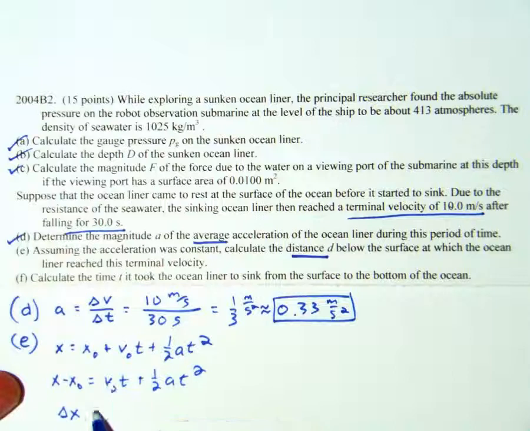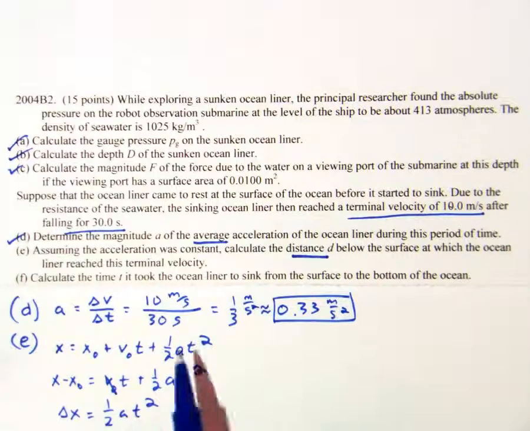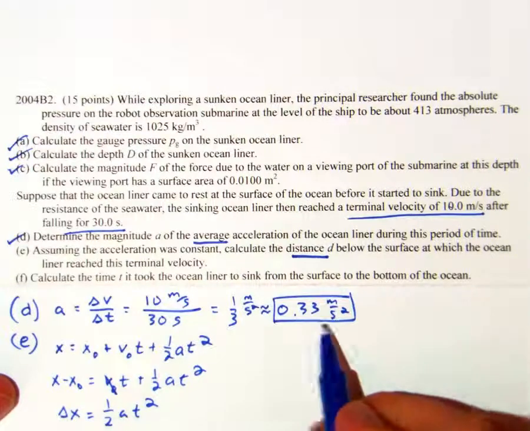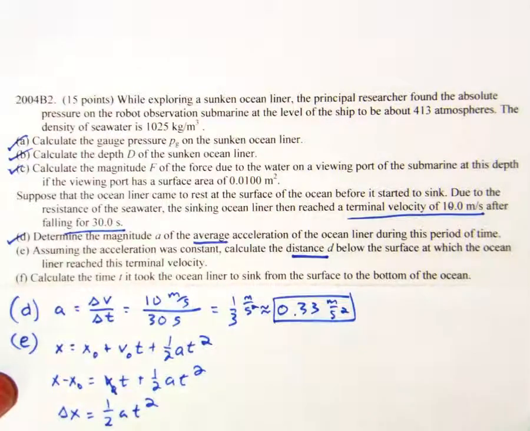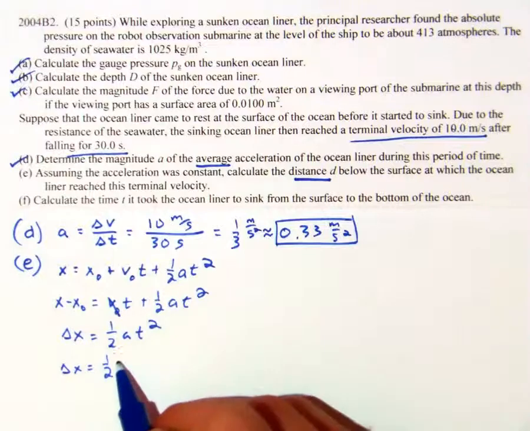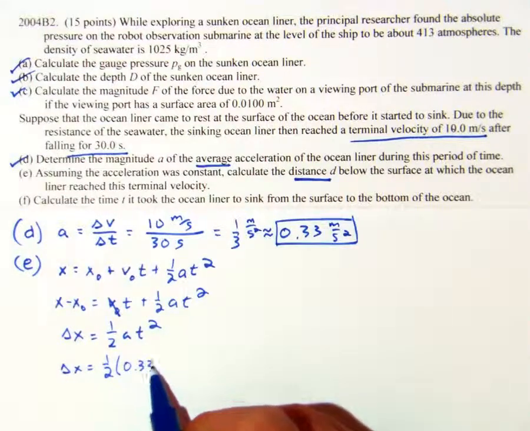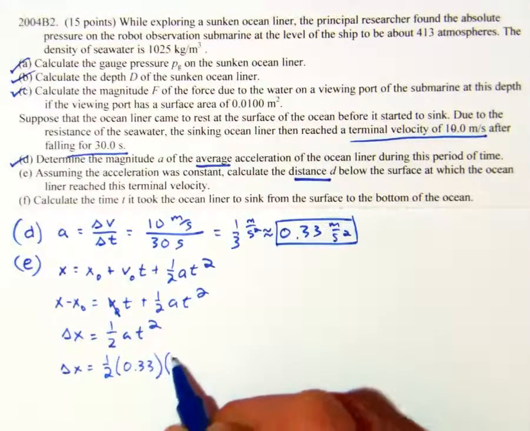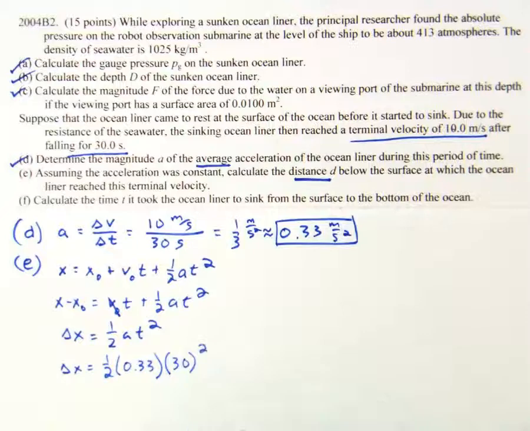I know my initial velocity is going to be 0, so my change in position is 1/2 times the acceleration times the time squared. My acceleration I just calculated to be 0.33 meters per second squared. I know the time was 30 seconds, so I'll make sure to square that.